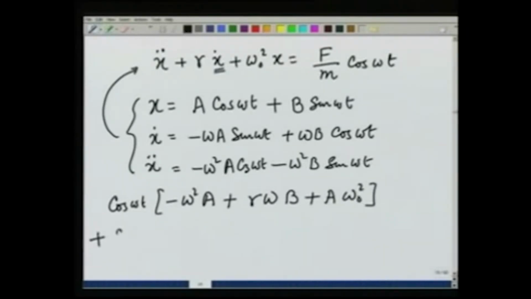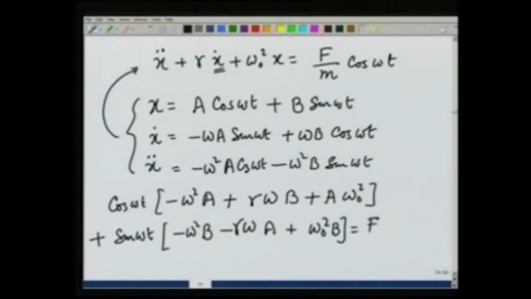Then collect the sine omega t terms, and I am going to get minus omega square b minus gamma omega a plus omega 0 square b is equal to F over m cosine of omega t.